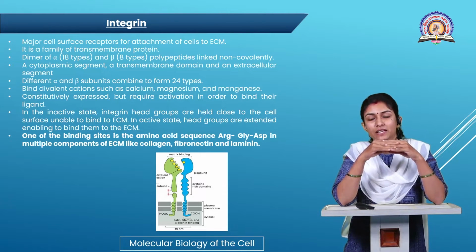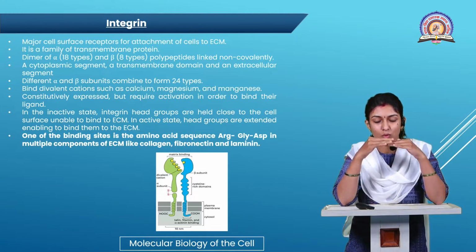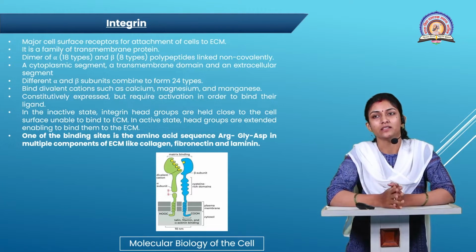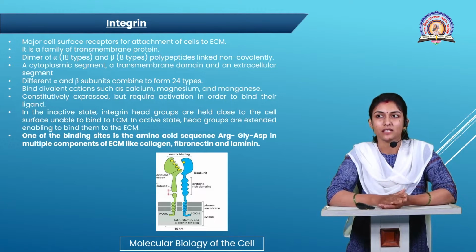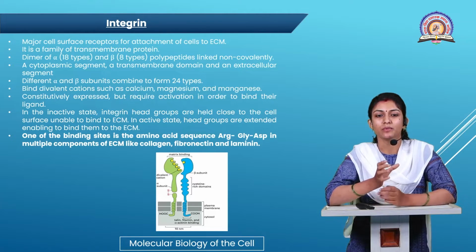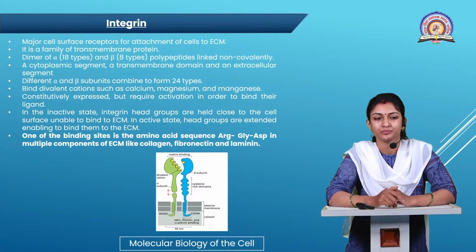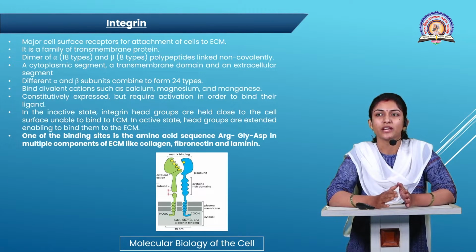In the inactive state, integrins are bent down, while in the active state they open and communicate with the extracellular matrix through the signal. The extracellular matrix has a signal which attaches to a residue sequence like arginine, glycine and aspartate, and the ECM contains collagen, fibronectin and laminin. In such a way, integrins communicate with the extracellular matrix.